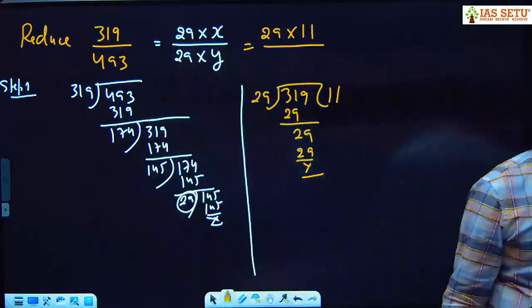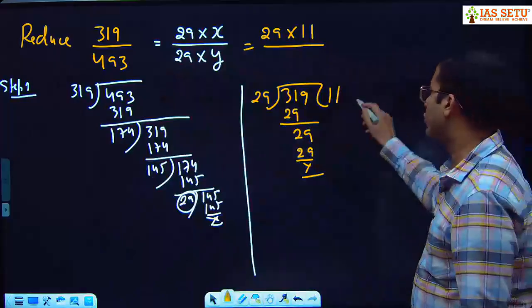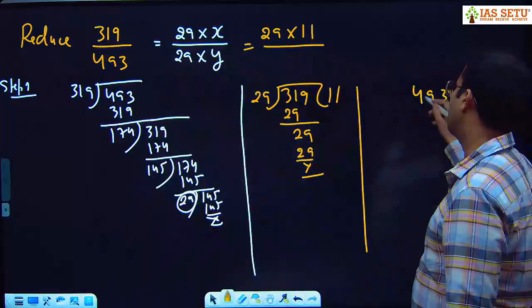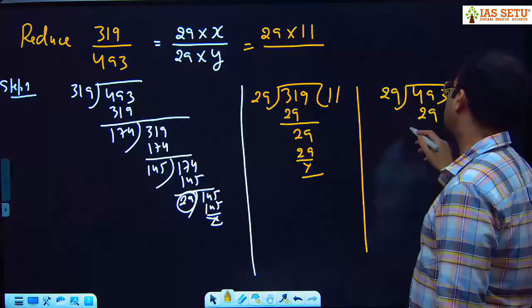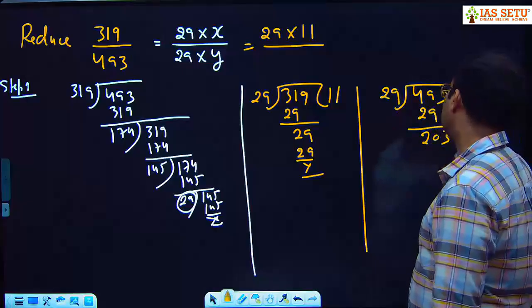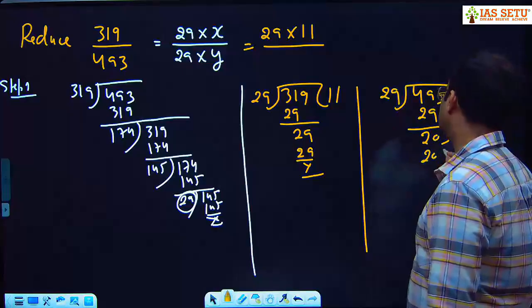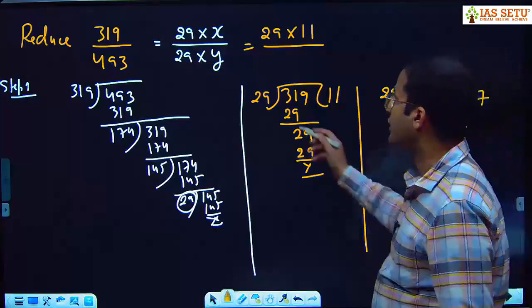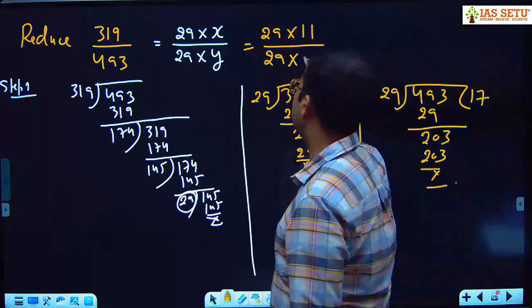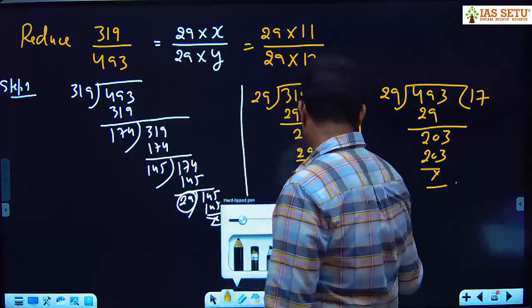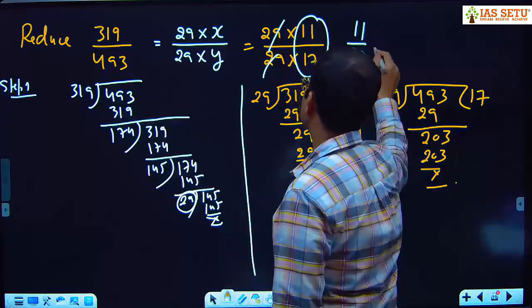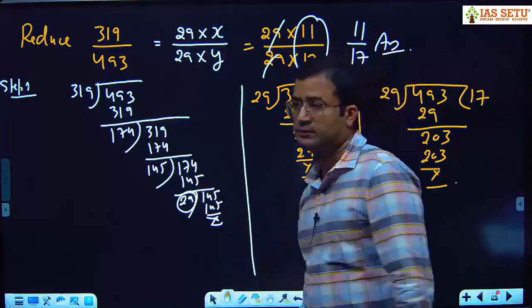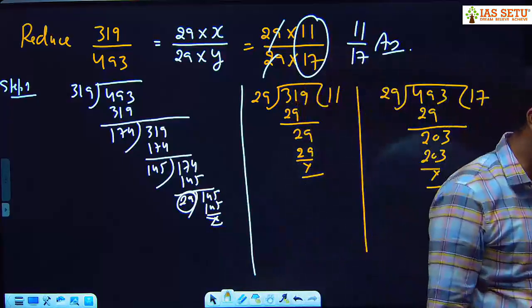Now here it is 493. If you divide it by 29, 29 ones are 29, 203, 29 sevens are 203. So this is 29 into 17. So 29 and 29 cancel. Your answer is 11 upon 17. This is the simplified form.